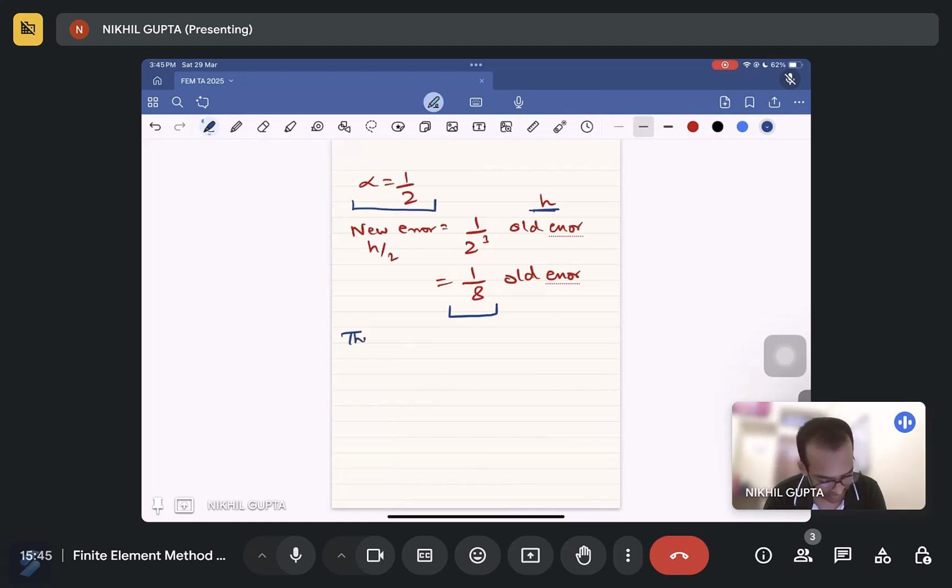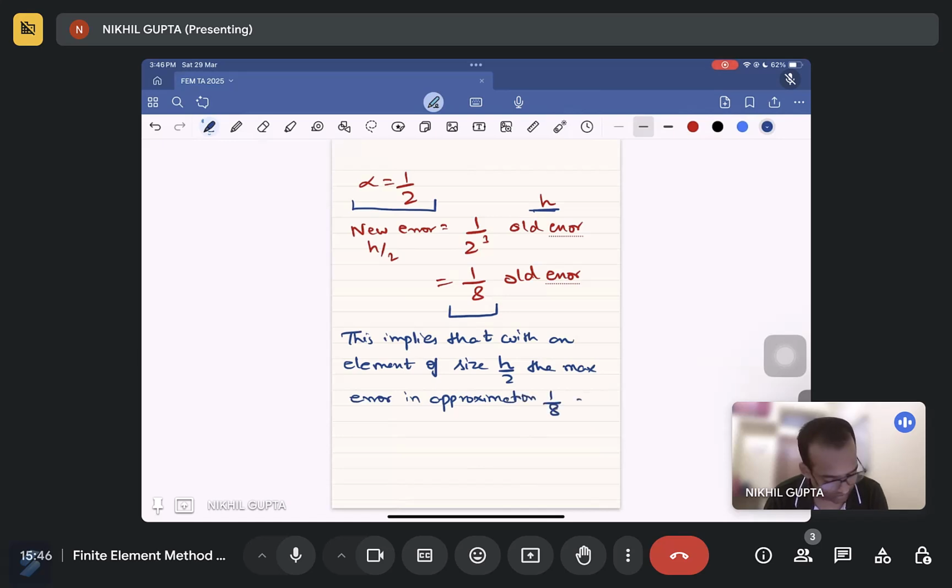So I can summarize by writing it. This implies that with an element of size h by 2, the maximum error in approximation is 1 by 8 of the max error by using element size h.